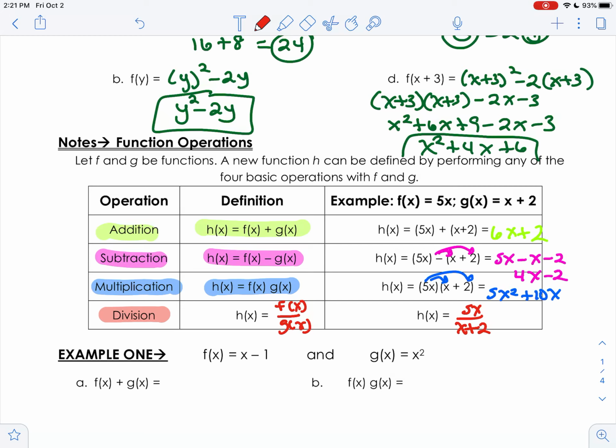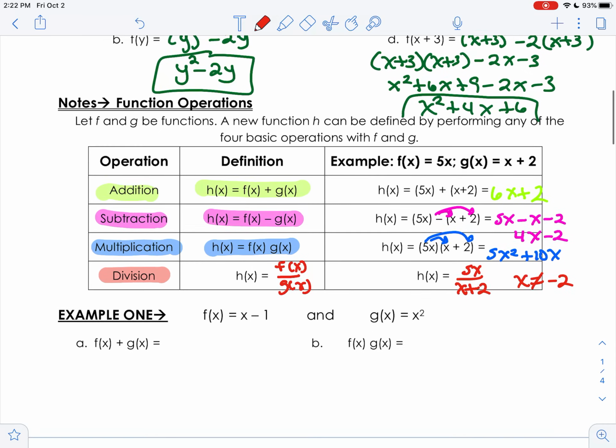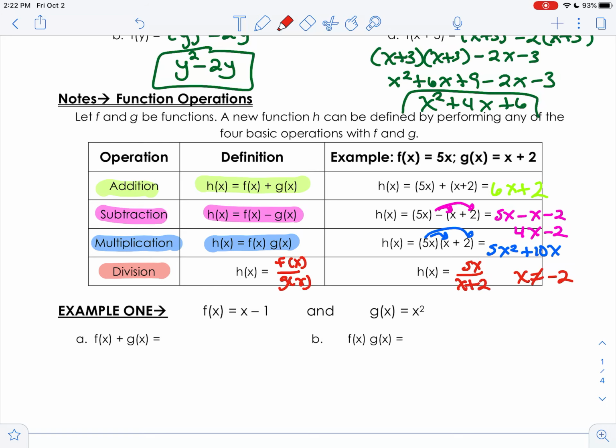What number would make the bottom a 0? And so what we'd have to say is x cannot be that number. If x plus 2 equals 0, well, negative 2 plus 2 equals 0. So we have to think about what number we are not allowed to have. But we're not actually doing division in this problem, we're just defining division here.